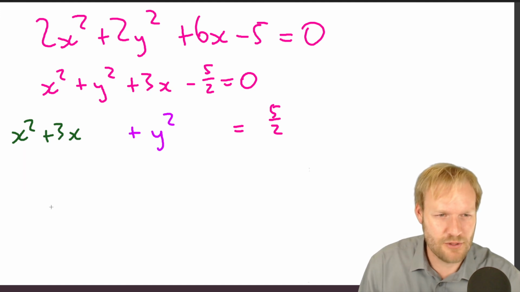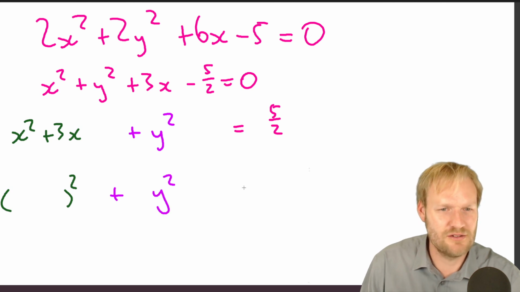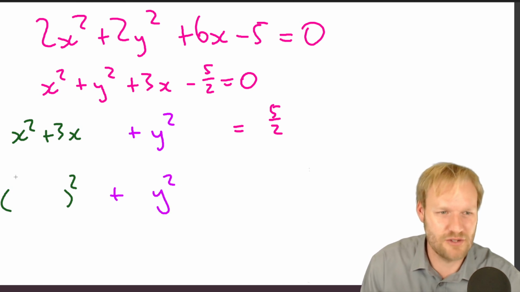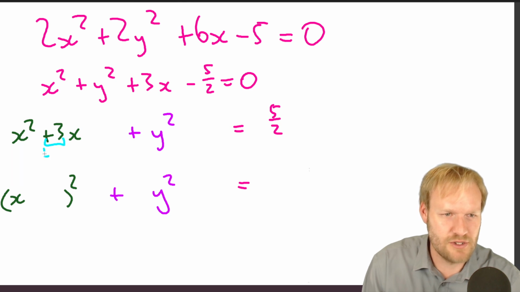So now this here is something squared plus, well, this is already y squared. So we don't need to complete any squares. It's already complete. And let's just have our equals reference. Okay, so we've got x. We always took this part here. We divided by 2. Okay, so plus 3 over 2. If we squared 3 over 2, we'd have plus 9 over 4.